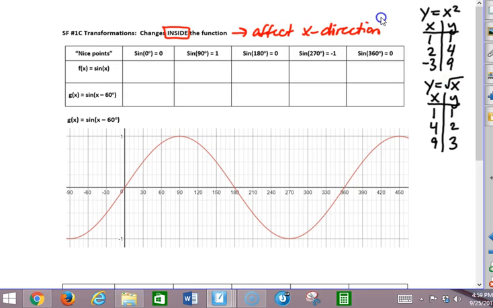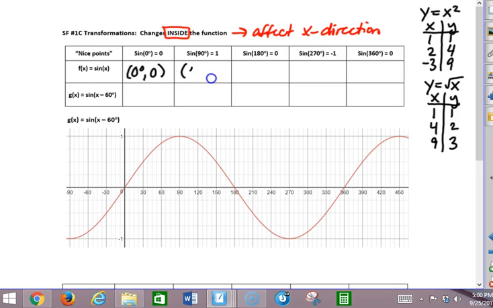So the same thing happens here. When I am dealing with something inside the function, I have to be careful to pick values of x that are going to give me nice values of y. So here are my nice points. When I put in 0 degrees, I get 0. This gives me the nice point 0 degrees, 0.